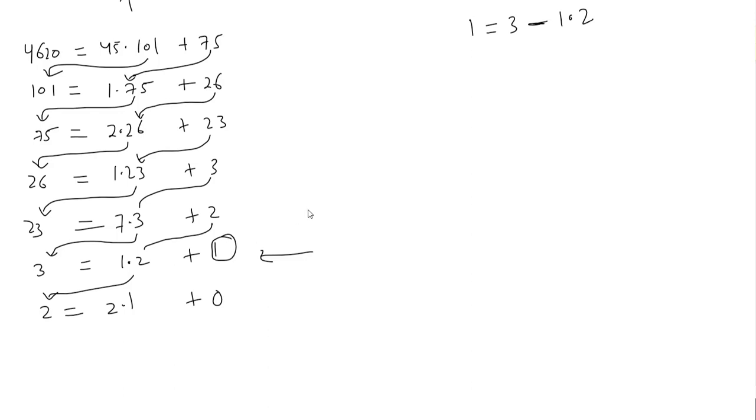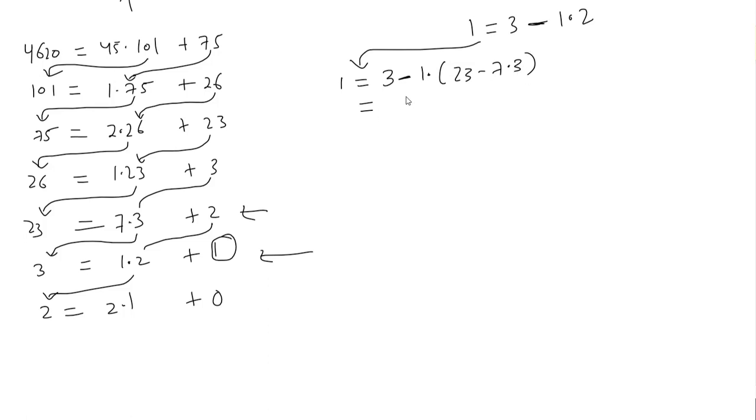Since in this equation we still don't have 101 and 4620, we'll backtrack again and find the value of 2 from this equation. So 1 will be equal to 3 minus 1 times, and this equation gives us the value of 2, which is 23 minus 7 times 3.